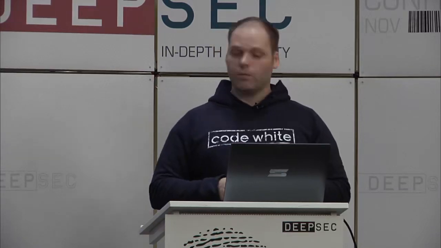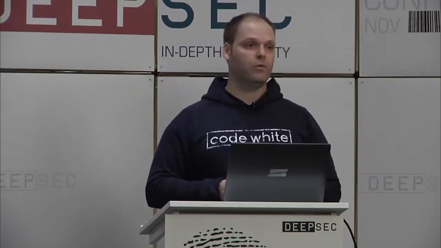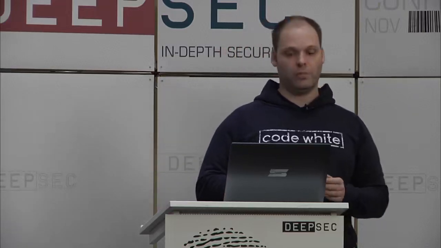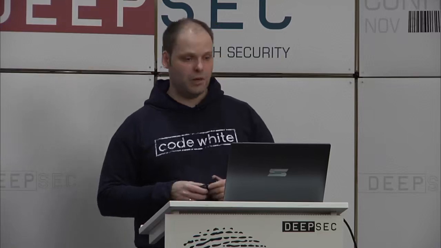I have also another one. I call it the Return of the Rhino gadget, because the Rhino script engine, which is used for interpreting JavaScript in the JVM, was also used, for example, for sandbox escapes in the past, but you can also use it as a gadget on the server side.